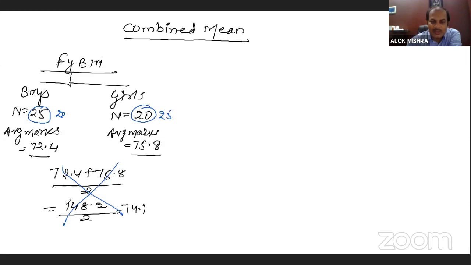This method will be correct only when I have the same number of people in both the groups. If the number of people in the different groups is different, then this method is not going to be applicable. We are not focusing on the concept where the number of participants in both groups is the same, because such simple questions are never going to come to you.